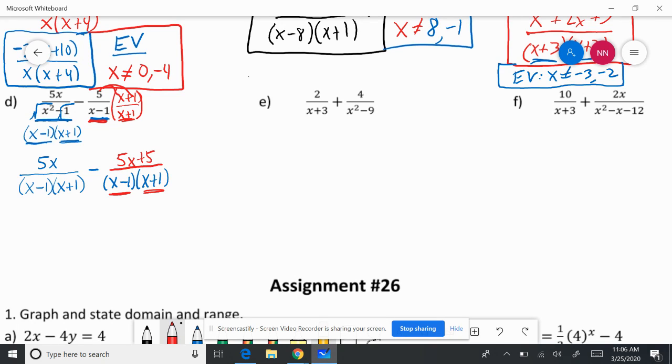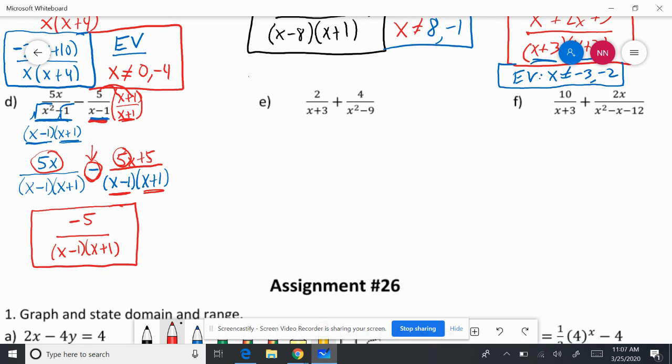Now, if we're looking closely, 5x minus 5x, they cancel, they become 0. And then what we have is a 5. But remember, just like before, when we have a subtraction sign in the front, that means that that's going to become a negative 5. And then what we have is x minus 1, x plus 1. So that right there is our first answer.